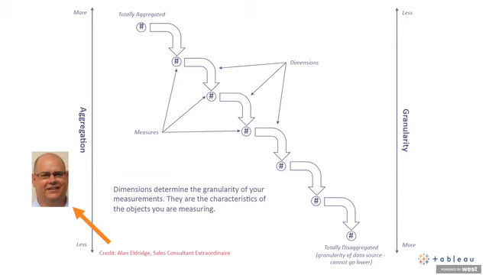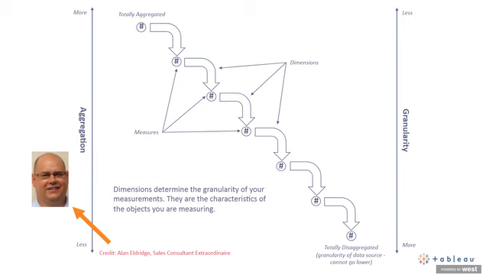What these arrows represent is that in Tableau, you drag out dimensions and it starts to break down your measures by those dimensions. I might drag out employees or products or states or countries, and I get more and more numbers, more granular data as I drag out more dimensions. I get less aggregation.